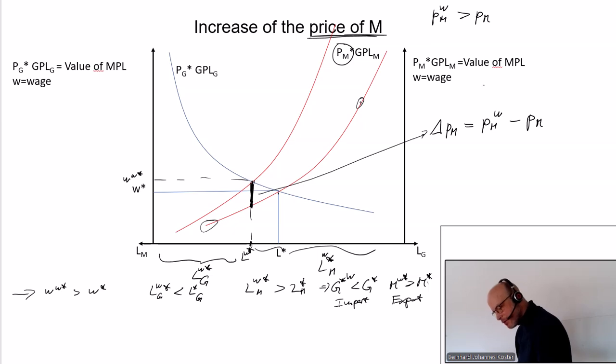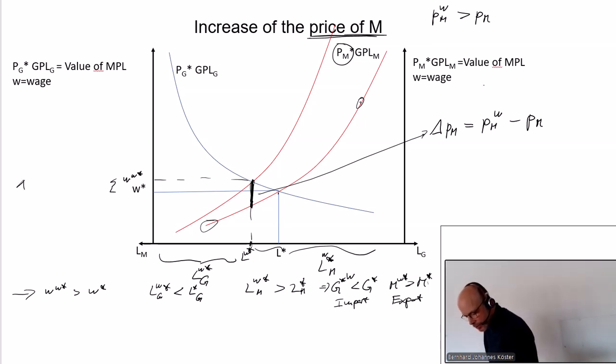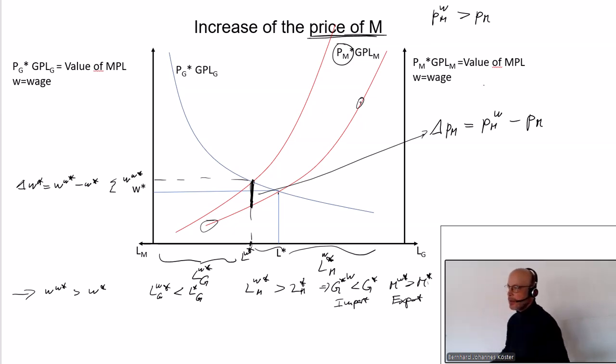This is the shift of the curve relative to the new equilibrium. But this here is just the change of the wage rate, so this is WW star minus the starting wage. So overall, we can say that the increase of the wage rate is less than the increase of the price in the industrial sector.